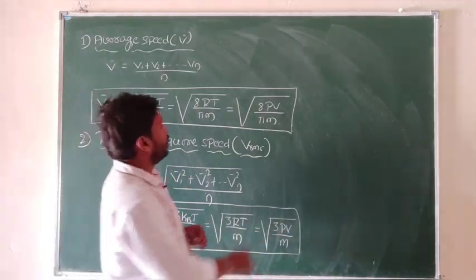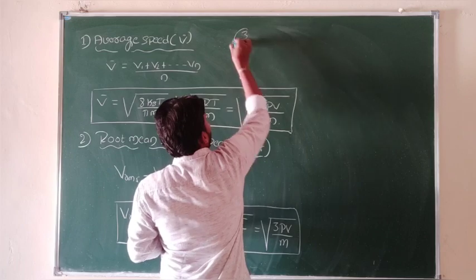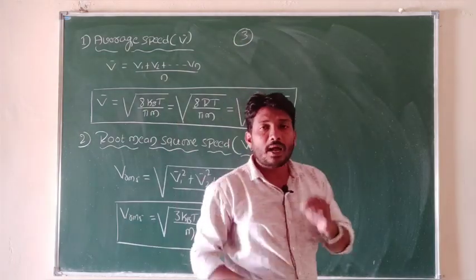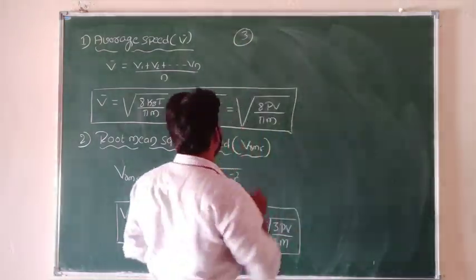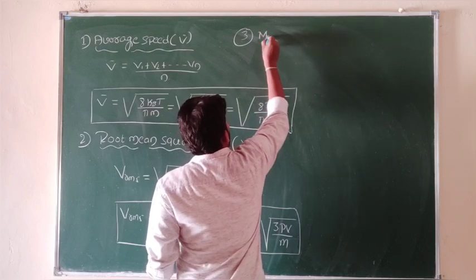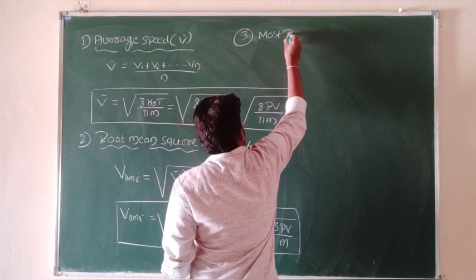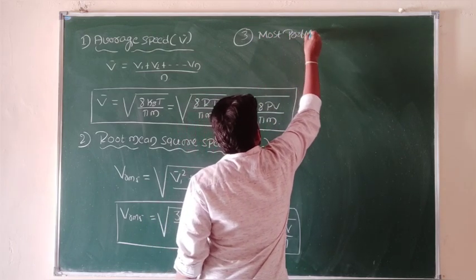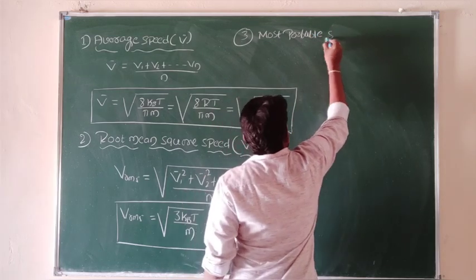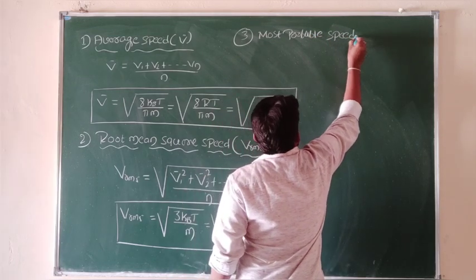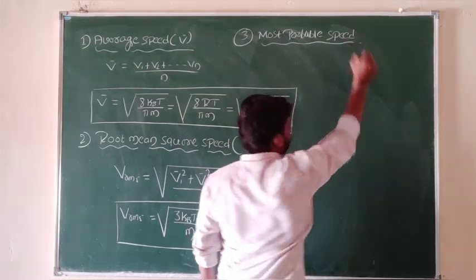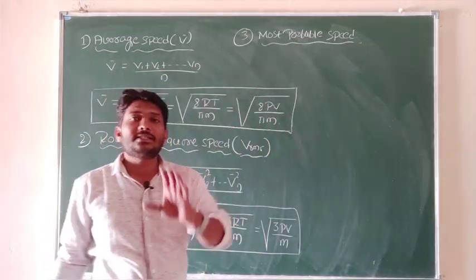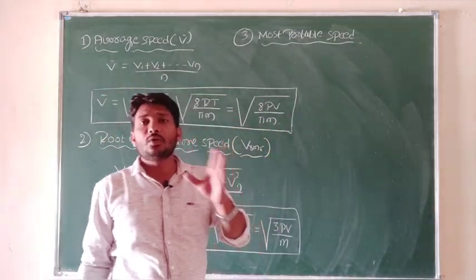And one more term we have to understand, that is most probable speed. So the third one we can consider, most probable speed. Most probable speed means the speed of the maximum number of gas molecules.